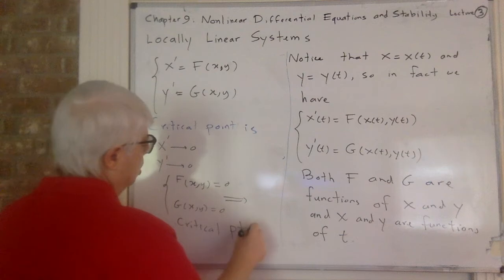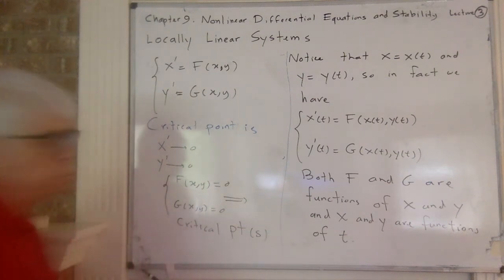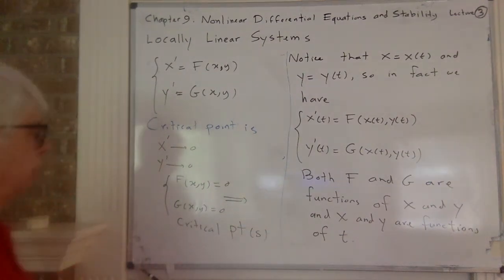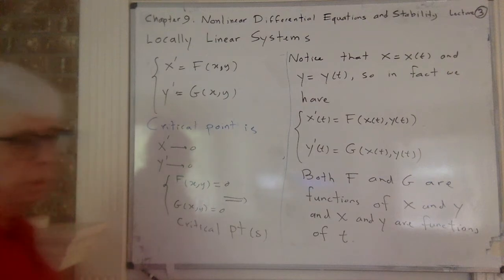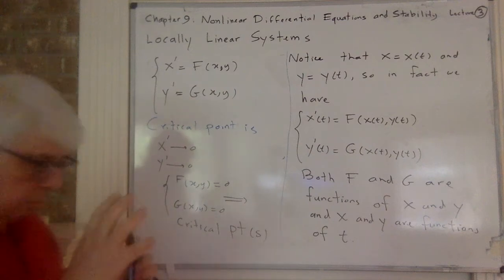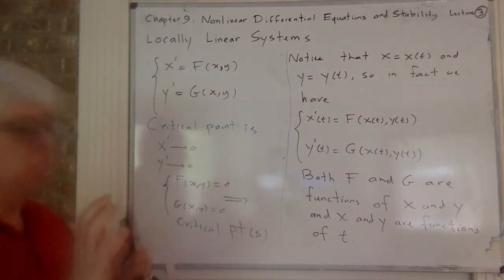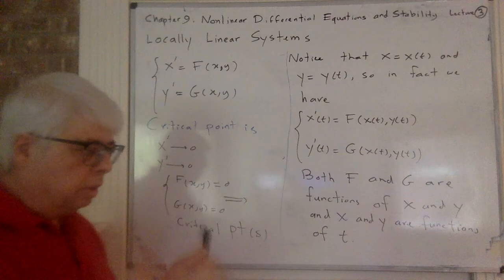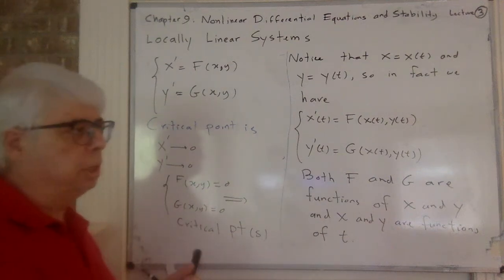I write S in parentheses because we might have more than one. For a linear system, we have just one, that is 0, 0. But for a nonlinear system, we have nonlinear functions on the right side, so we usually have more than one. Ask yourself, what trajectory really passes through this?